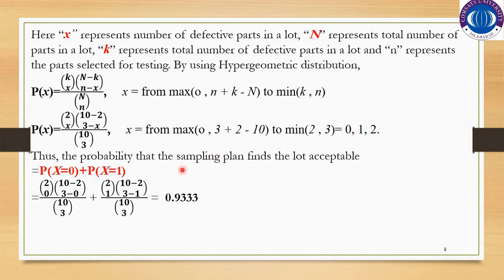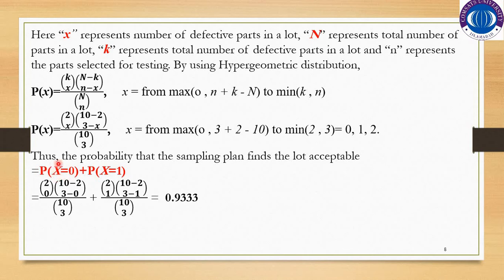So the probability that the sampling plan finds the lot acceptable, as the producer is saying he will not tolerate more than 1 defective part. So what are the scenarios in which the lot is accepted? The very first scenario is if there is no defective item in the sample of testing parts.